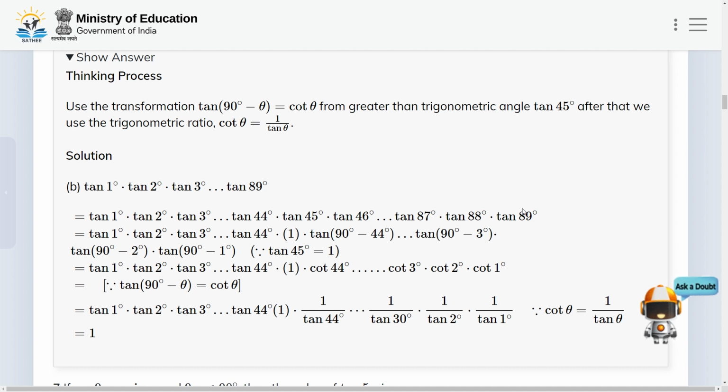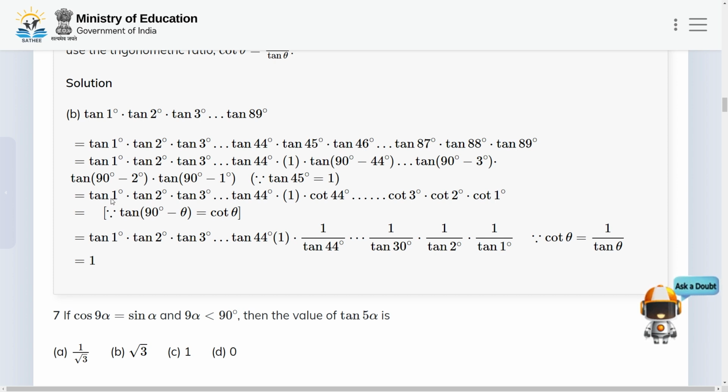Okay, so now if we use this formula, tan of 90 degree minus theta is equal to cot theta, then tan 1 degree times dot dot dot, here we get cot 3 degree times cot 2 degree times cot 1 degree. And now we know this formula, cot theta is equal to 1 by tan theta.